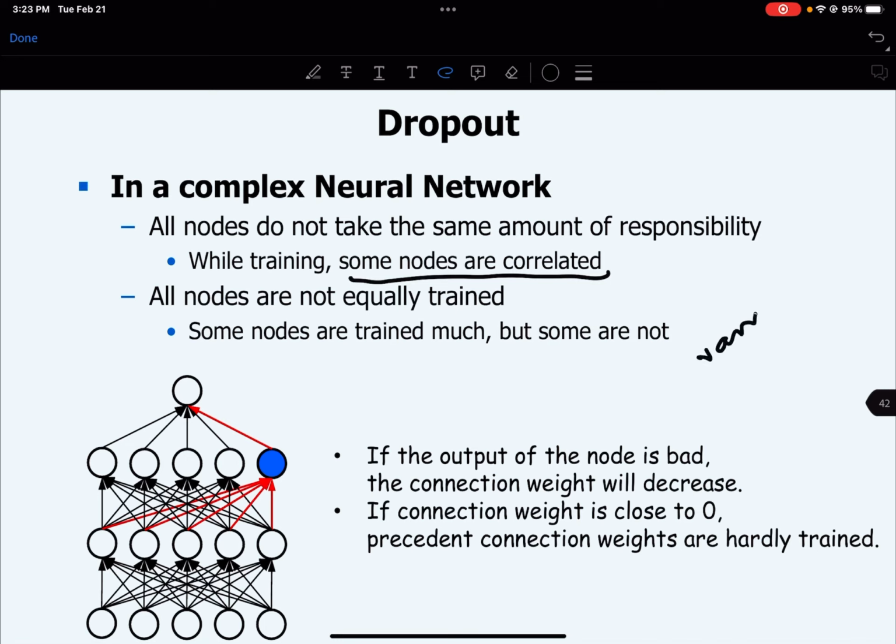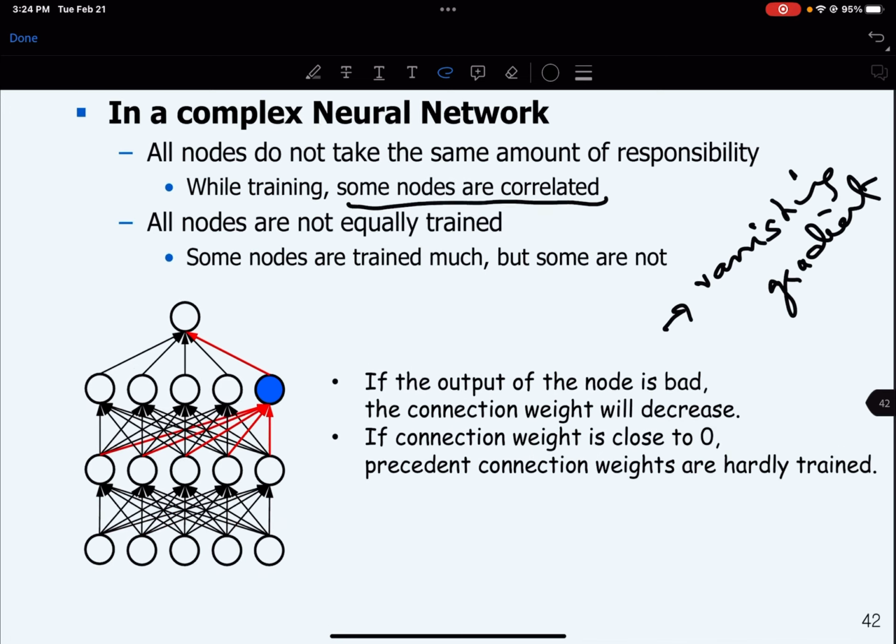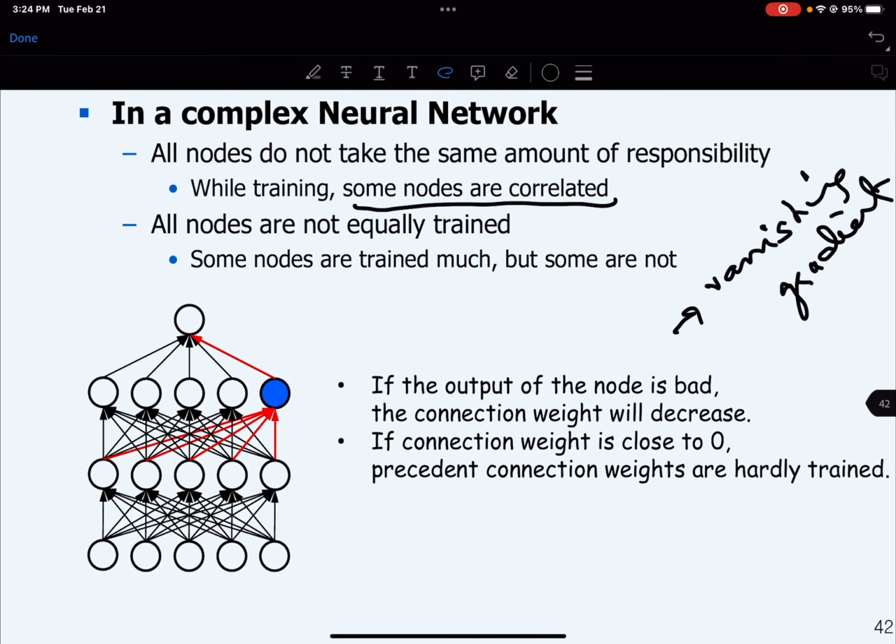We studied the vanishing gradient problem, and if your update values are very small, some of the nodes may not be updated at all because it is backpropagation algorithm, and it really minimizes the training of your network with a deep network. So if the output of the node is bad, the connection weights will decrease, right?